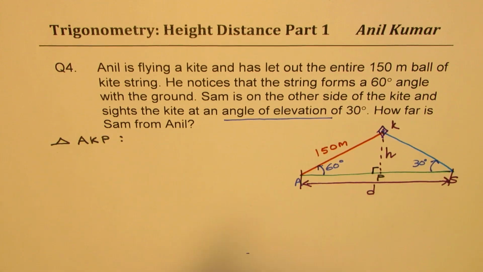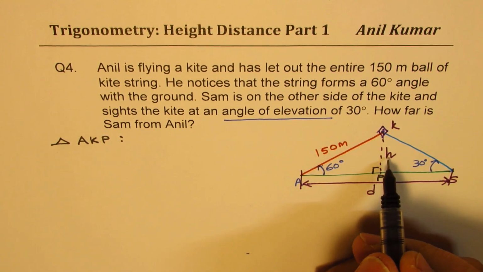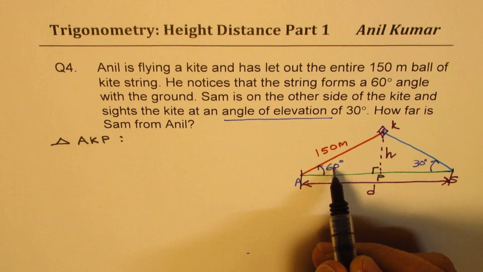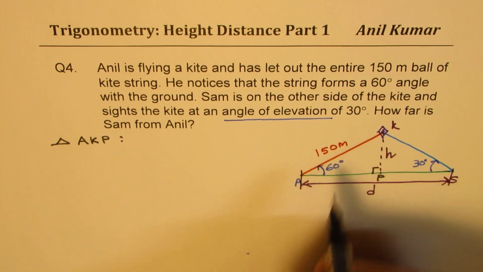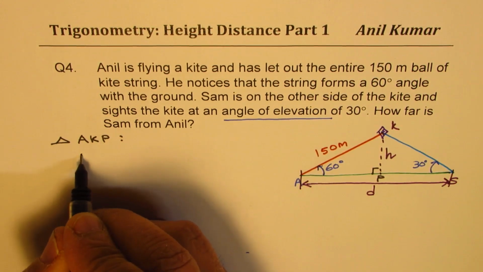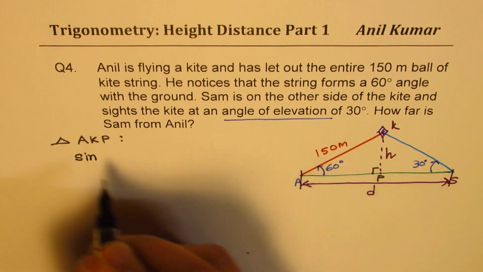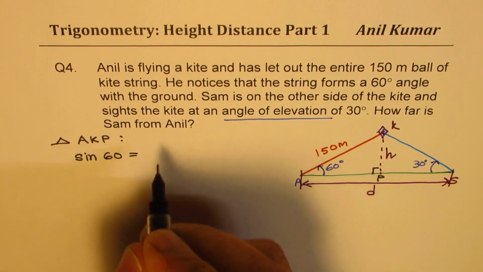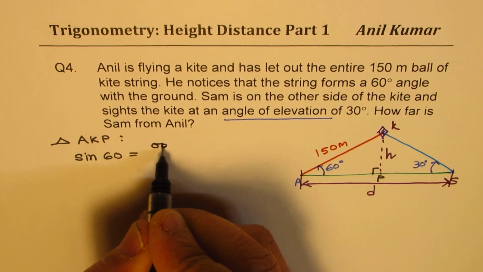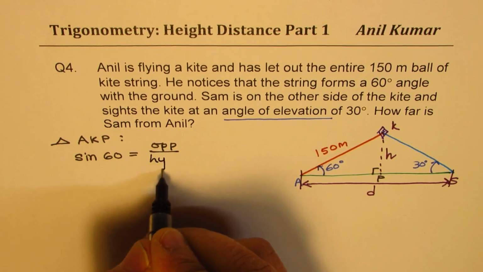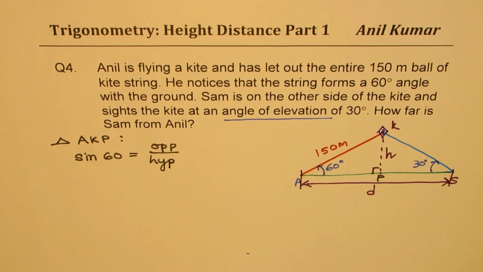This is a right angle. We have the opposite side to 60 and the hypotenuse, right? So we are going to use sine ratio this time. We use sine of 60 degrees, which is the ratio of opposite side to hypotenuse, correct? Most of the time, when you work with height and distance questions, you're always working with tan ratio, but that's not necessary.